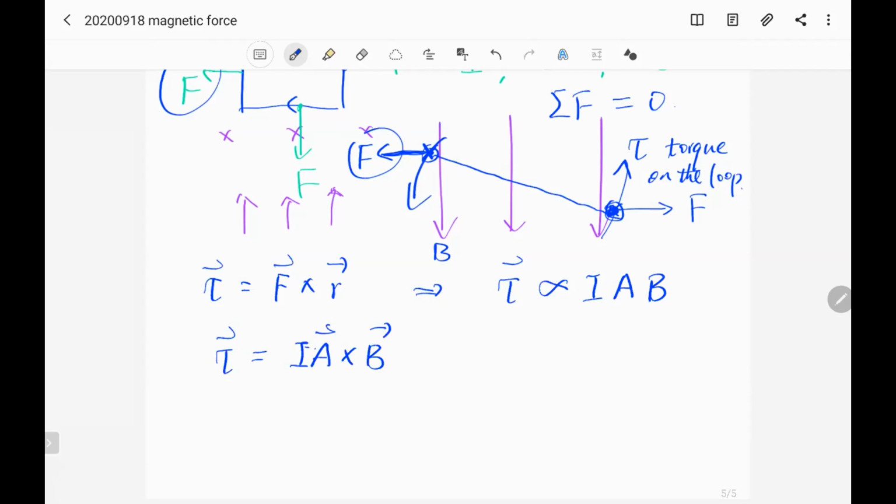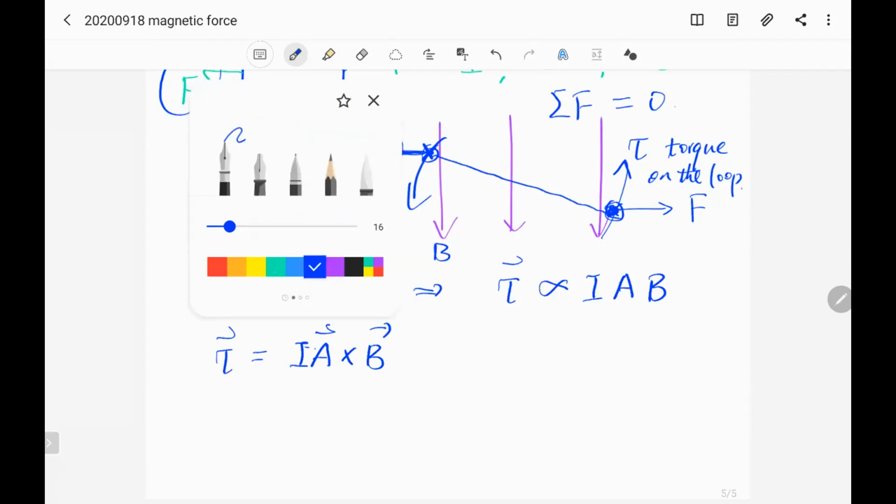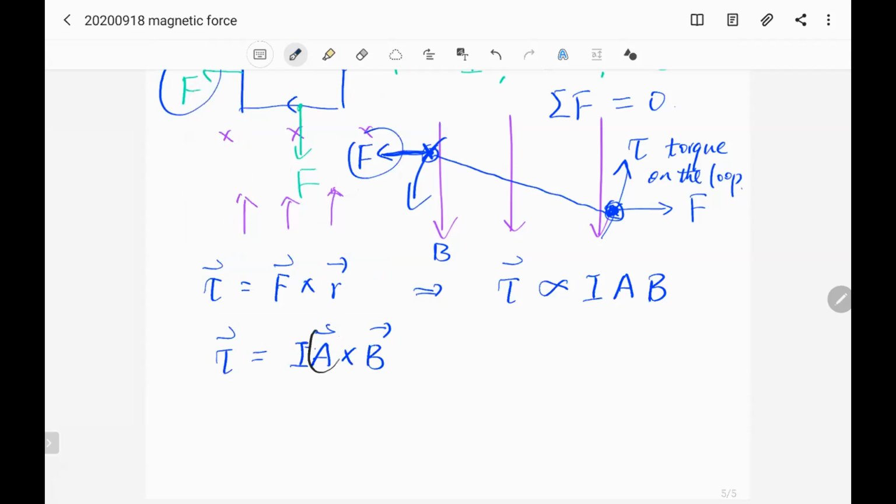Okay, here I want to talk about how we define the direction of surface area. If we have a loop where the current goes clockwise, then the magnitude of the surface area is easy. That's the area of this region. But how about the direction?